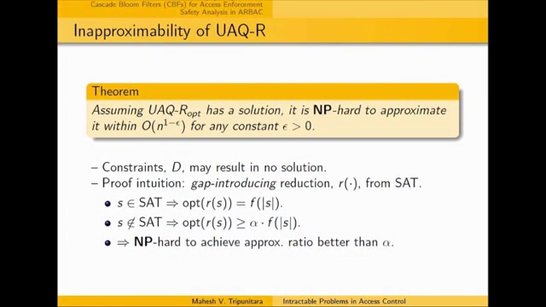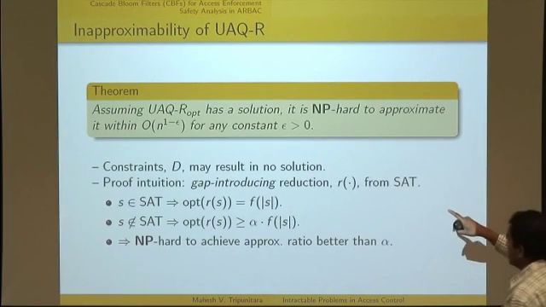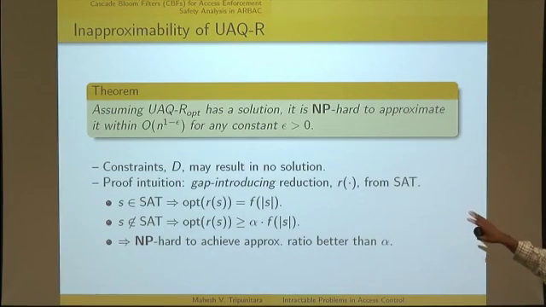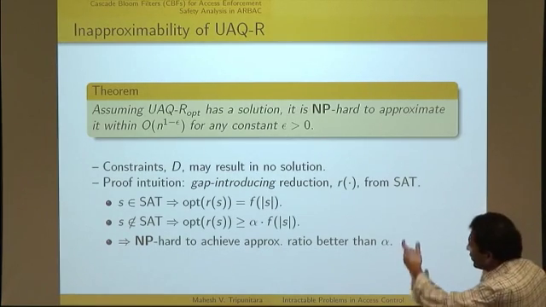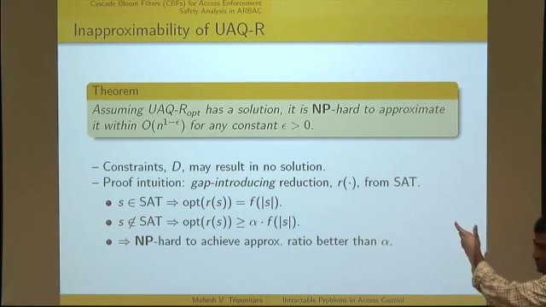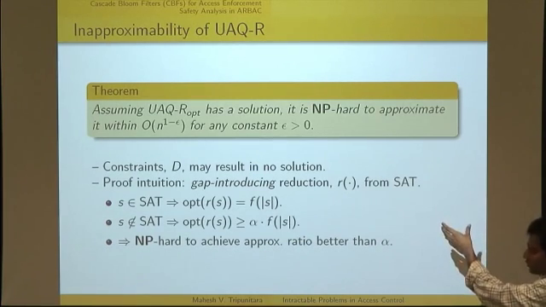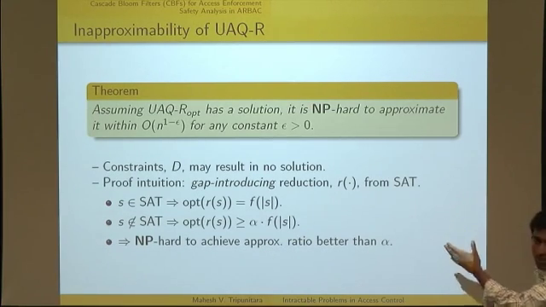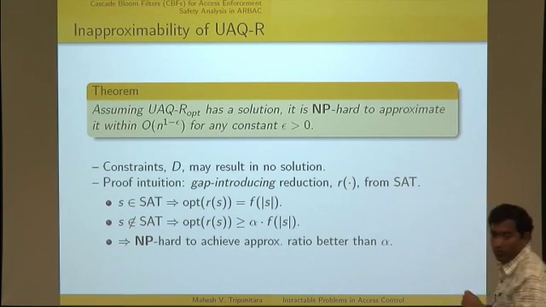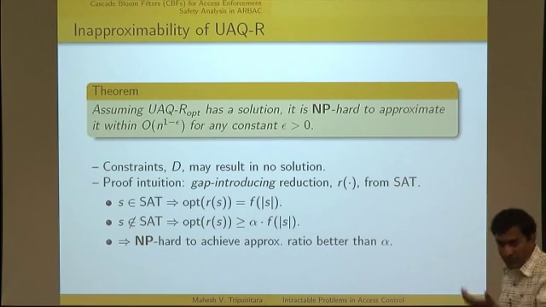For the optimization version of the role problem, UAQ-R opt, if it has a solution, then we don't expect to be able to efficiently approximate it within that kind of approximation ratio. It's basically a horrible approximation ratio because it's a polynomial in the size of the input. So this is pretty much the strongest negative result you can have from the standpoint of approximation.